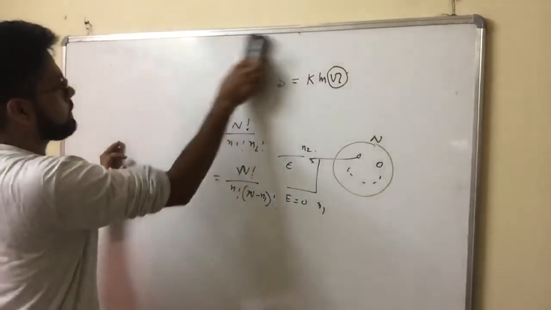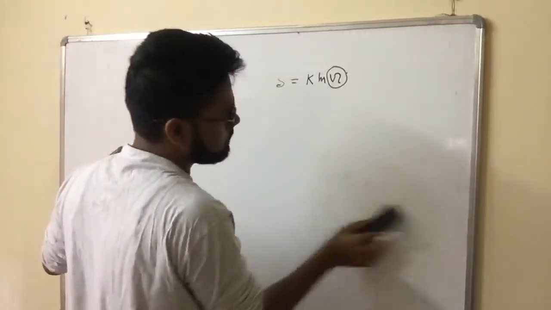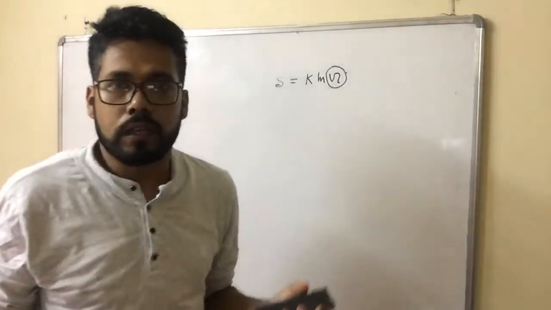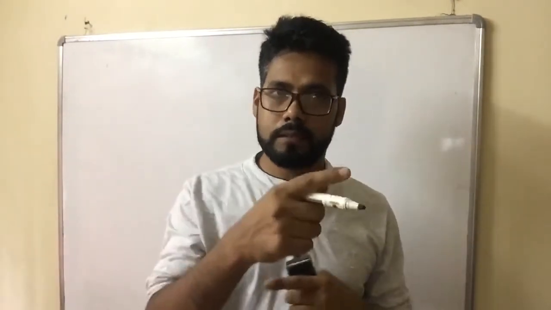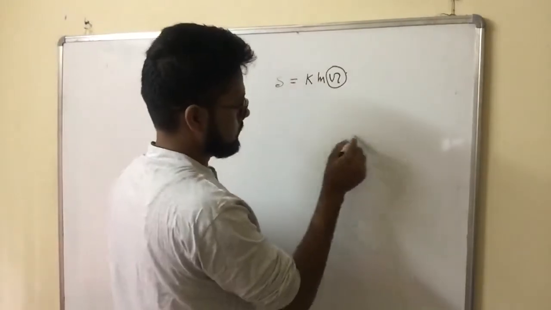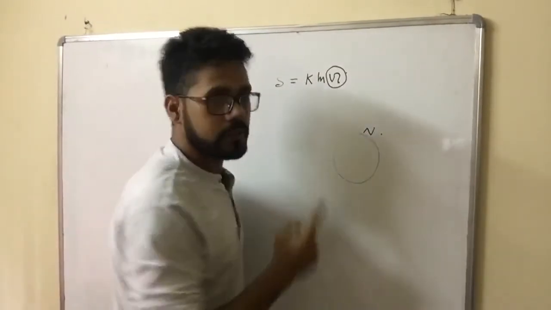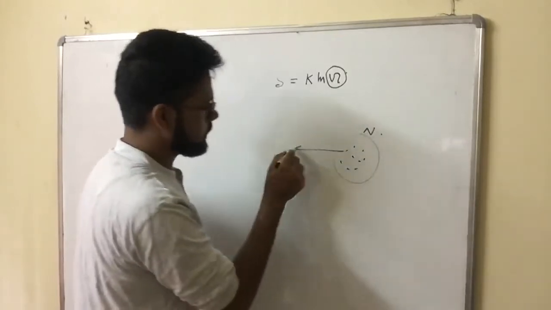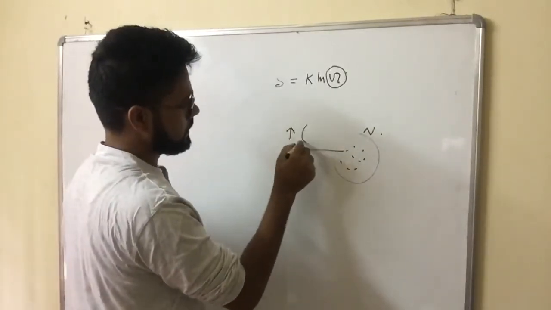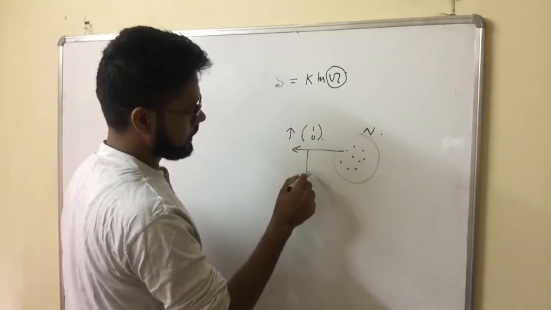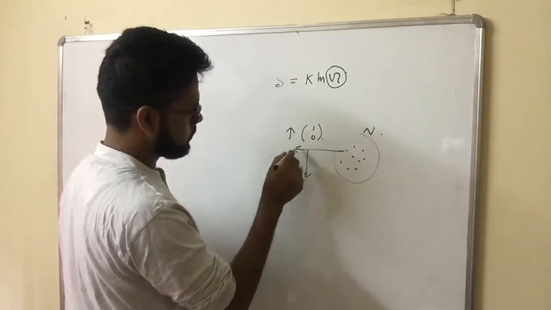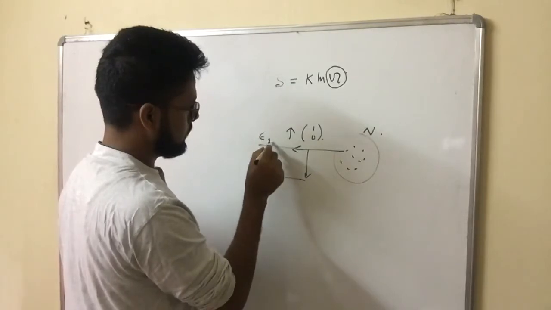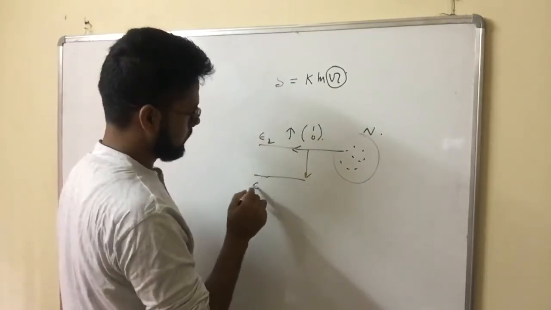But in the case of a quantum mechanical system, suppose I am talking about electrons. Suppose the electron has two possible states, plus half and minus half. Consider a system of n electrons. Every electron has 2 states: the spin up state is represented by one energy, E2, and the spin down state by E1.